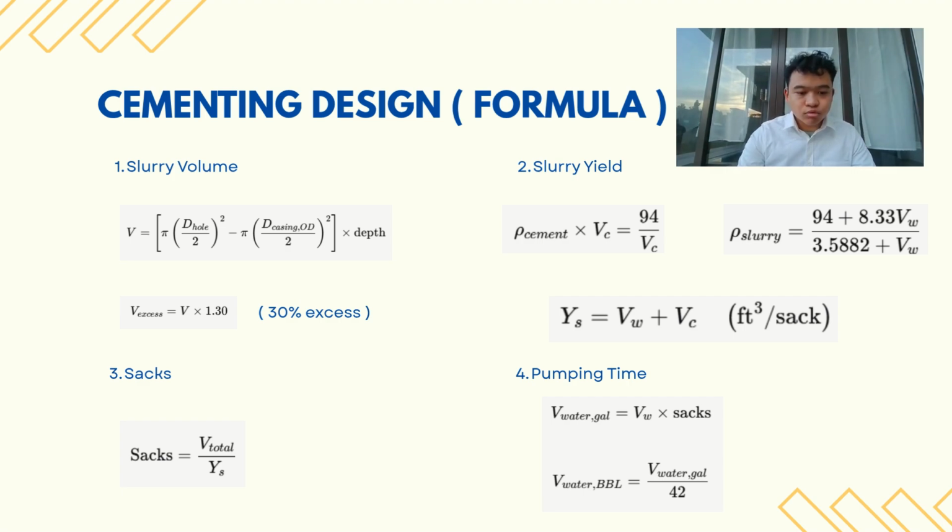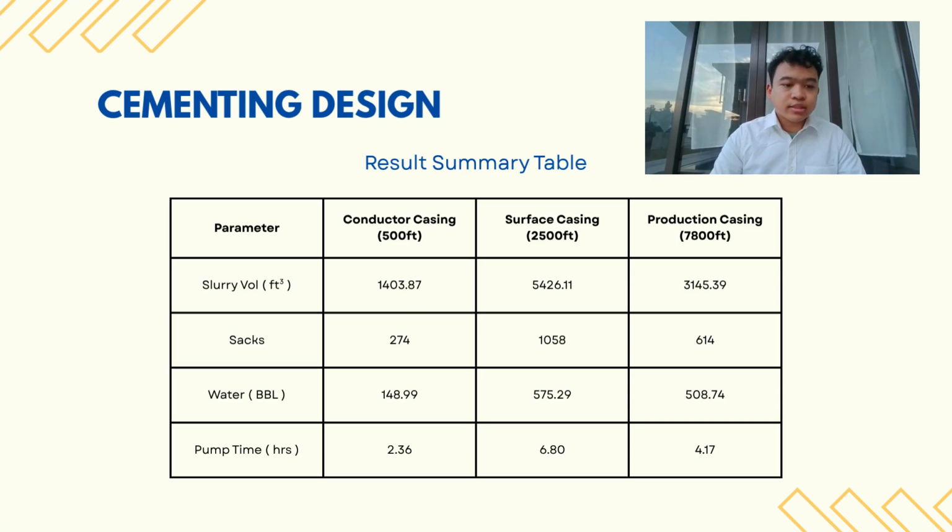So let's move on to our cementing design. Next is our result. After the calculation, this is what we get. The first parameter is slurry volume, which for the conductor casing we get 1403.87, and for the surface casing we get 5426.11.